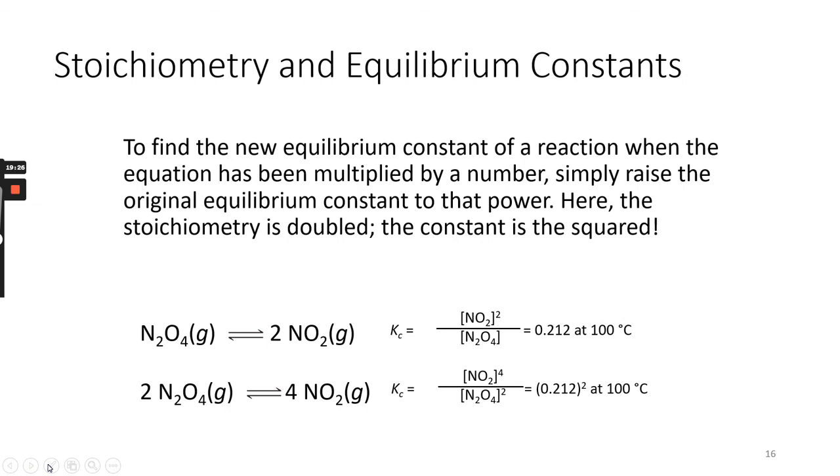What if your reaction was doubled? Okay, so here is your reaction, N2O4 yields 2NO2, and you multiplied everything by 2. When you double it, if you write your Kc for this, notice your exponents also are doubled. So in this case, your Kc value will be not doubled, but squared.